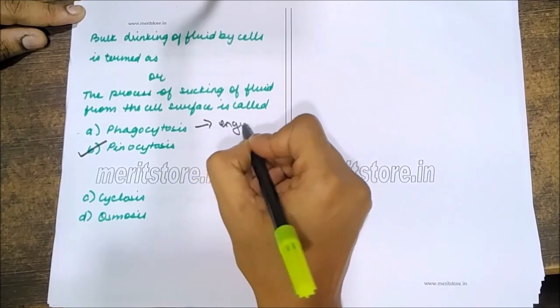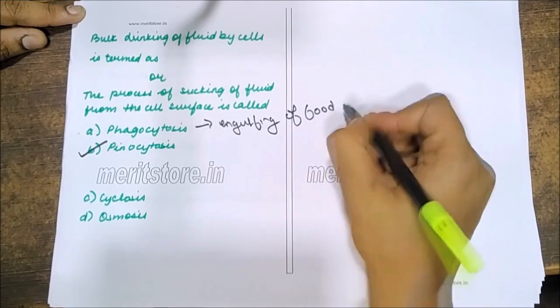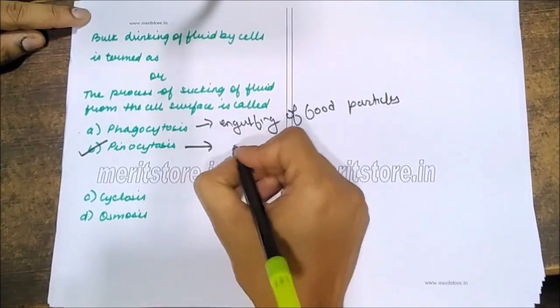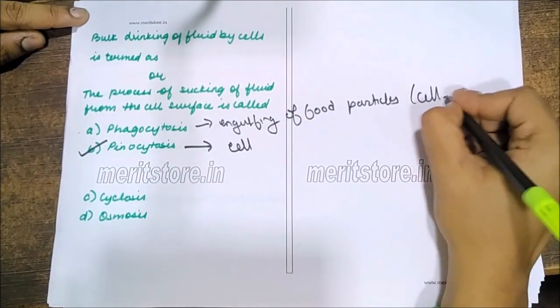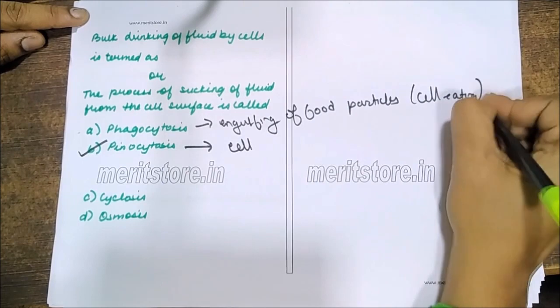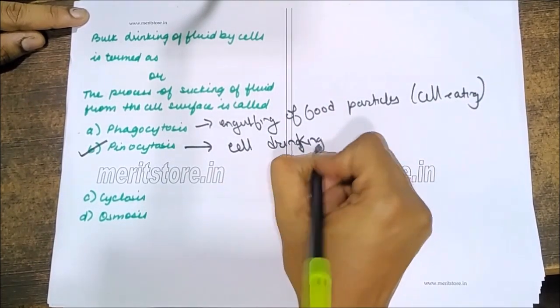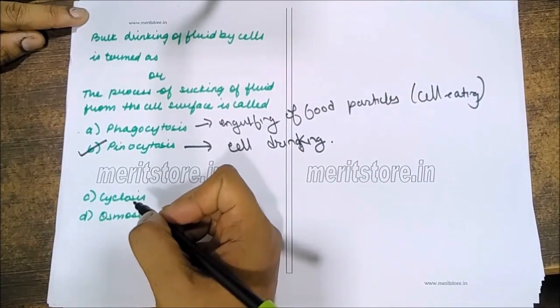Engulfing of food particles. Pinocytosis is called cell drinking. Phagocytosis is called cell eating.